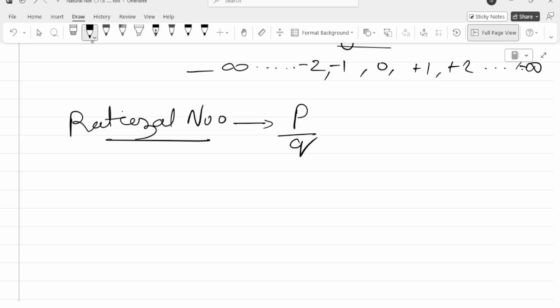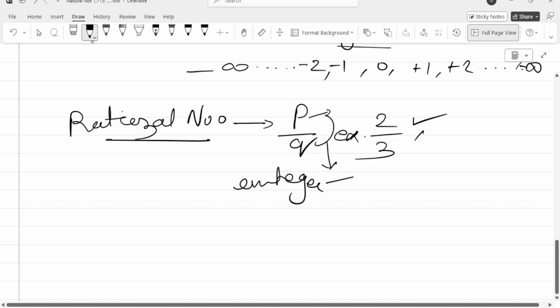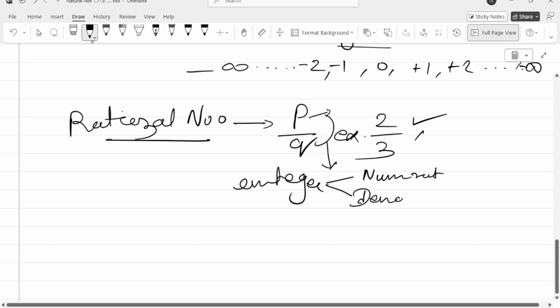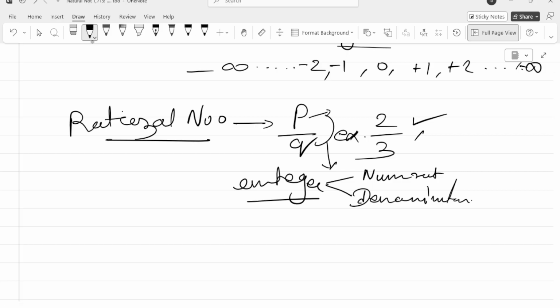For example, 2 upon 3 is a rational number. We can express it with p and q, where p and q are integers, the numerator and denominator, both integers.